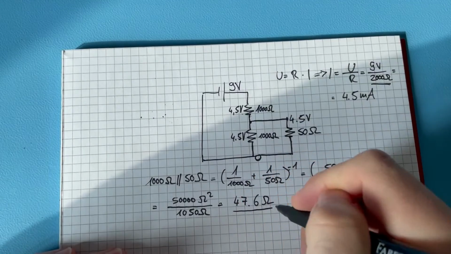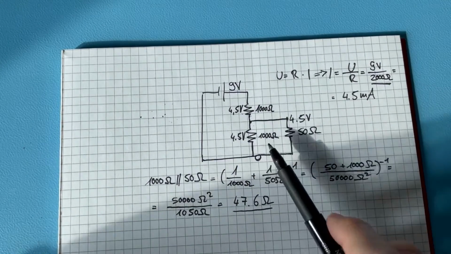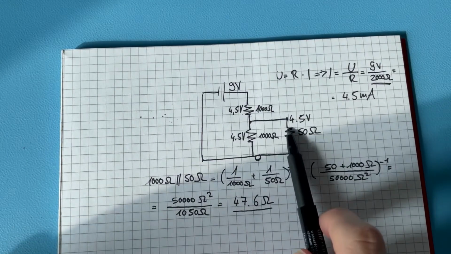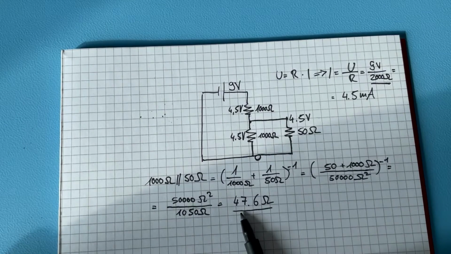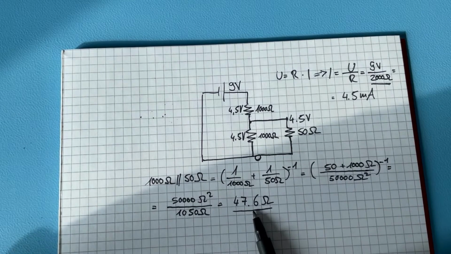And so that whole below construct here of the two resistors has only a resistance of 47.6 ohm.